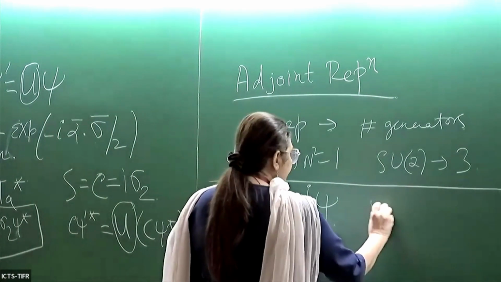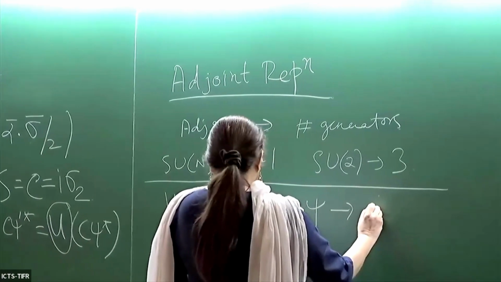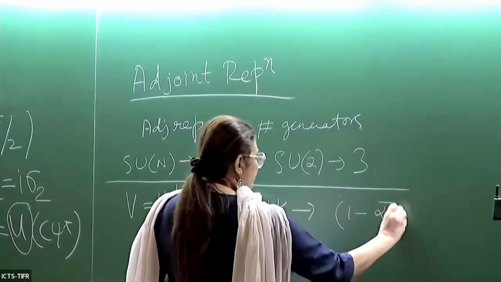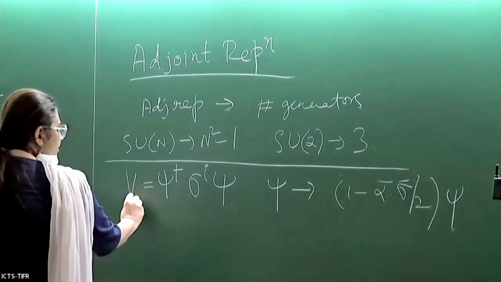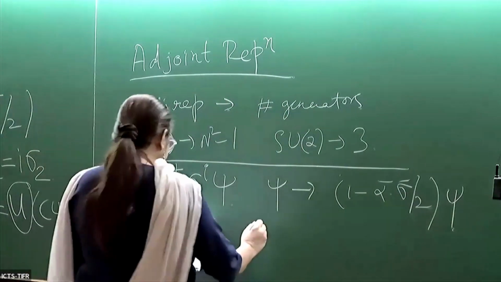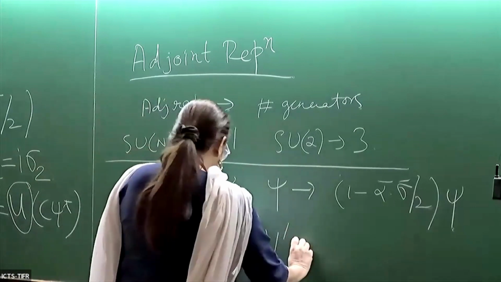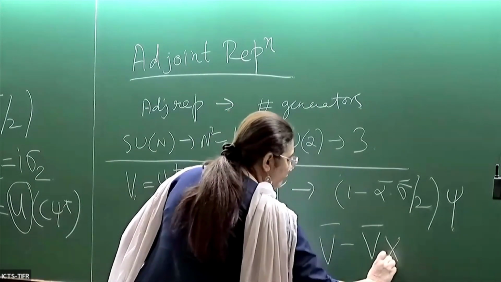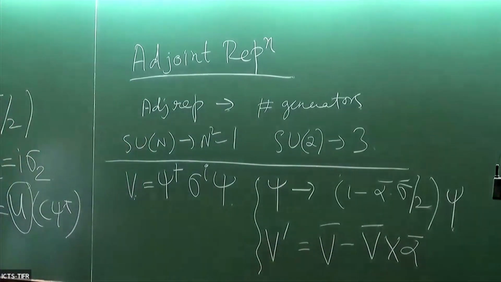And what we can show is that if psi goes to 1 minus alpha dot sigma by 2 psi, then you can see that this transforms as a vector under SU2. So this, I call V prime, will go to V minus V cross alpha. So this is like our vector transform.